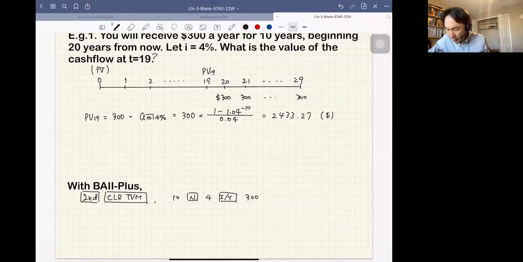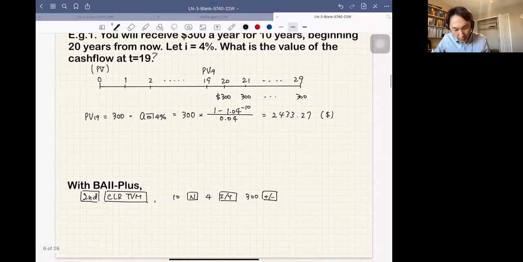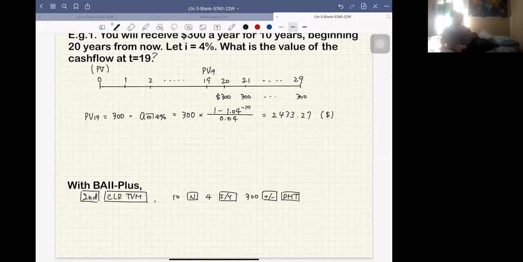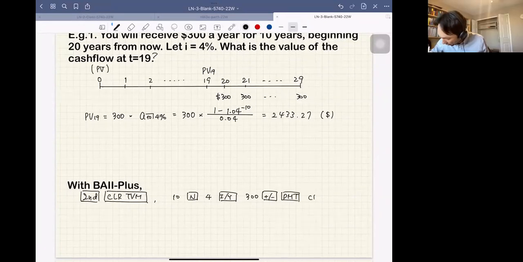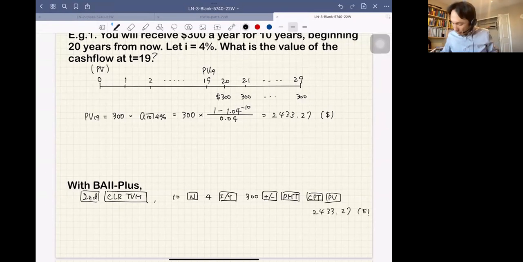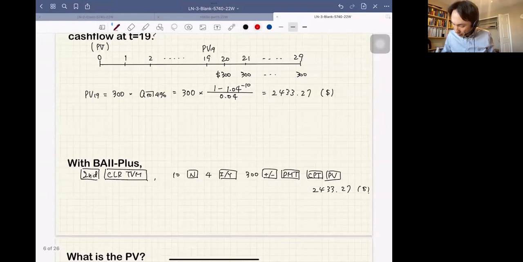But the 300 is on the other side of PV, so we put plus/minus, then payment. And then compute PV. Then you get 2433.27.